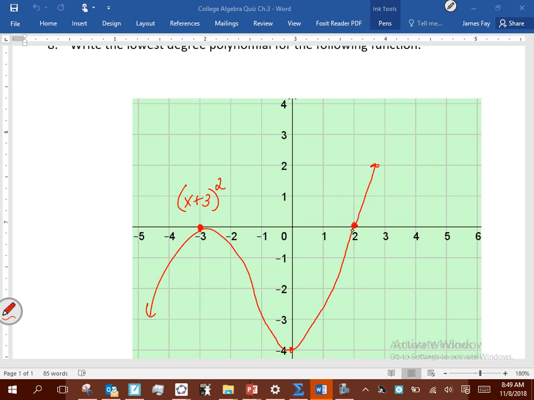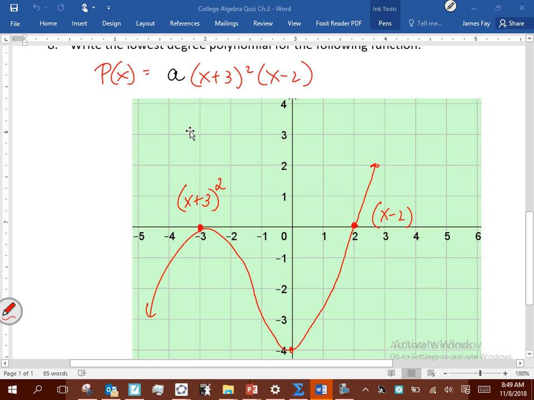This one here tells me a factor of what? X minus 2. So I'm looking for P of X to equal X plus 3 squared times X minus 2. Now that will give me that behavior, but that will not go through 0, negative 4. I need a particular coefficient to go through 0, negative 4. So this A value out here is what we're looking for, and we're going to use this point 0, negative 4.